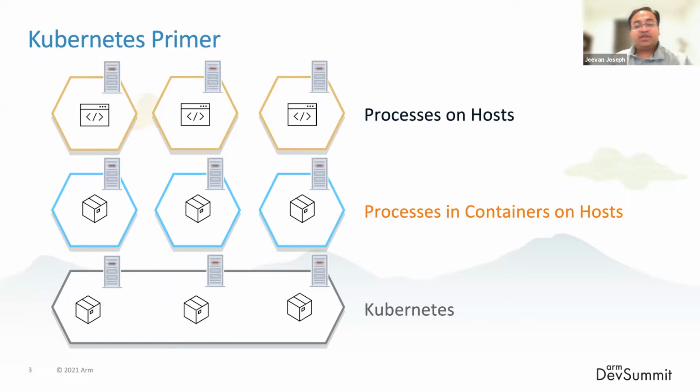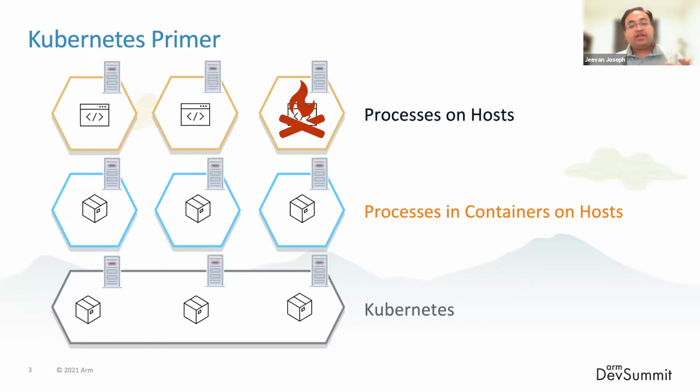VMs can address this problem somewhat, but there are still a lot of application dependencies that are beyond the host level. So one way that people control this is to move to a container-based paradigm, right? Like I said, when failures happen inside hosts, you don't really have recourse. You have to fix that host. Containers can address this to a large extent by encapsulating the application, its configuration, its runtime environment, all of that into a container.